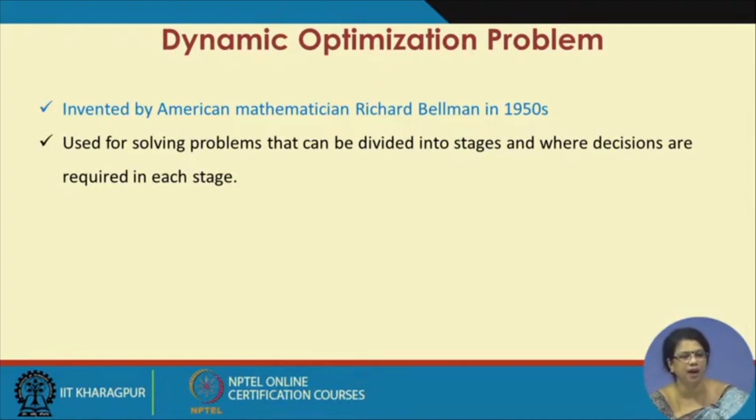In that way, how to capture the optimization model in different time scales or different stages was invented long back, in 1950, by the American mathematician Richard Bellman. That is the dynamic programming problem, where we are dealing with a big problem which is dynamic in nature.